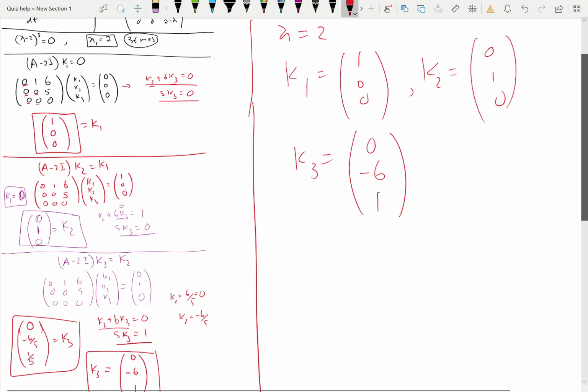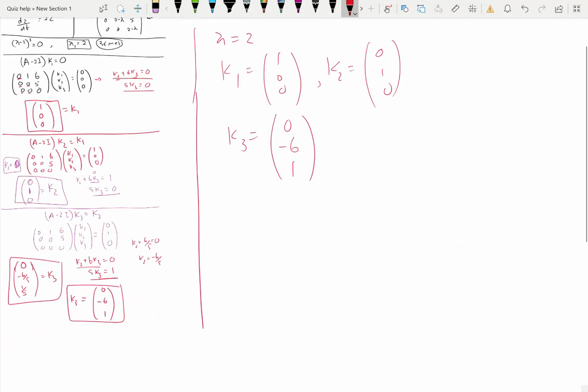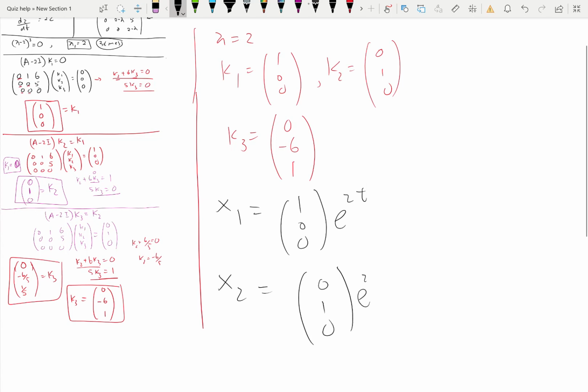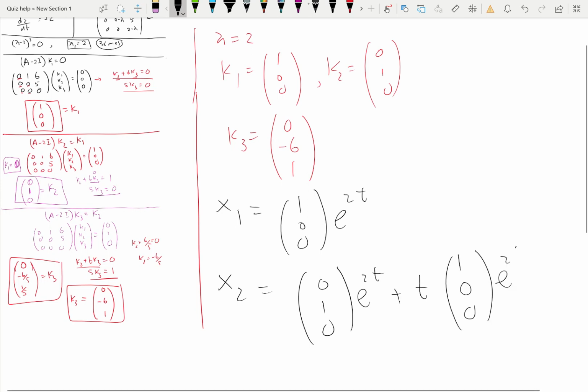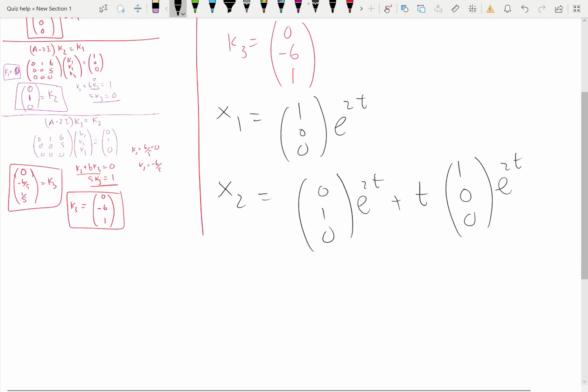Now let's write down the general solution. Let's write down the fundamental set of solutions. X1 is K1, 1 0 0, e to the 2t. X2 is K2, 0 1 0, e to the 2t plus t times K1, 1 0 0, e to the 2t. Now X3 is the difference.